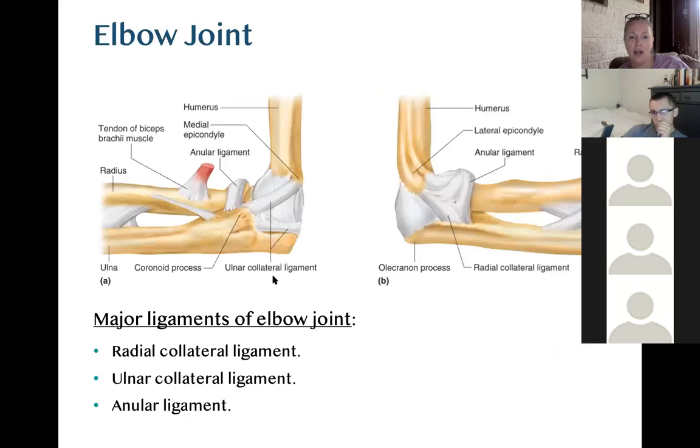Okay, looking here at your elbow, we're looking at both the medial and the lateral sides. We can see our humerus coming down here, and you can see the coronoid process down here on your ulna, and that will wrench around, and it's covered here with all of these tendons that are stabilizing it at the medial epicondyle.